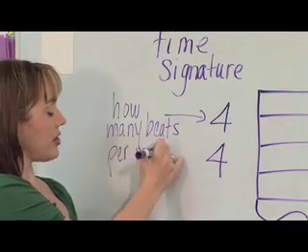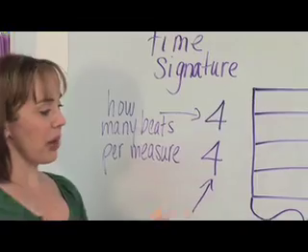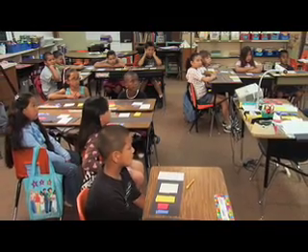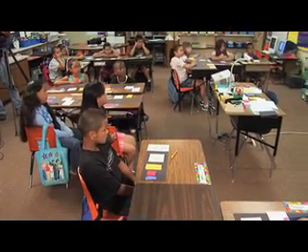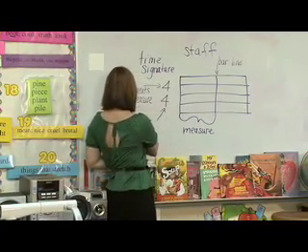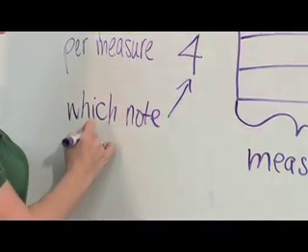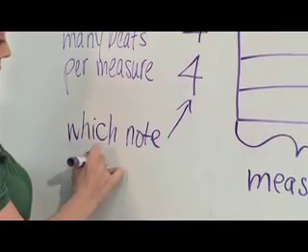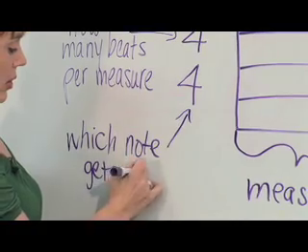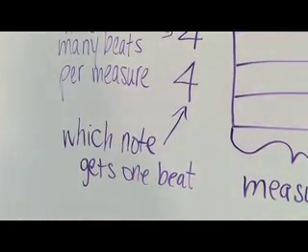Okay, now that I have some expert musicians here, can anyone tell us what this bottom number means? That bottom number tells us which note gets one beat. Okay? So if that bottom number is a 4, which note do you think it's talking about?